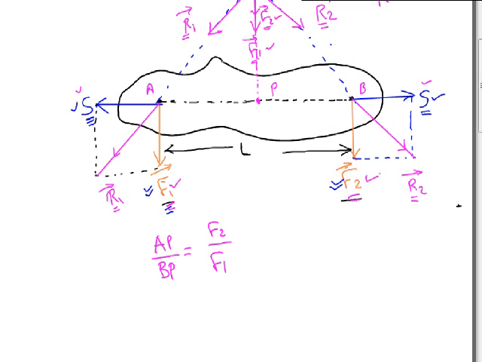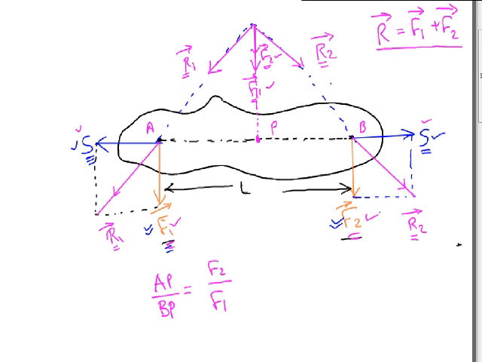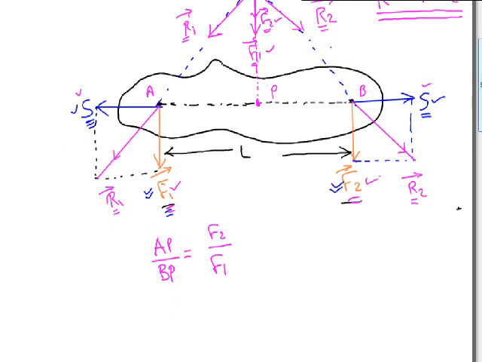That is, this point P gives the location where the resultant of F1 plus F2 is acting. Okay, we know the magnitude of the resultant, which is algebraic sum of the magnitudes of the forces, and then the direction, which is parallel to that of F1 and F2, and point of application P, which is given by F2 by F1 is AP by BP.